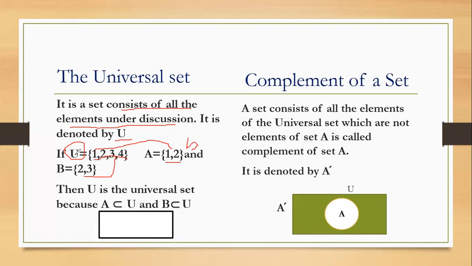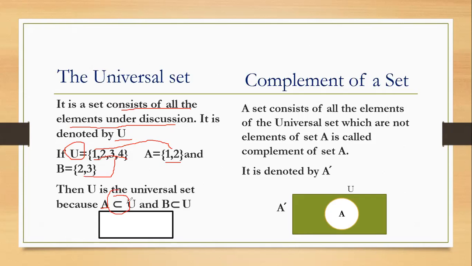But in this condition, A is a subset of universal set. So I can denote like this: A is a subset. Which kind of subset? Proper subset. A is a proper subset of universal set and B is a proper subset of universal set. Okay. Proper subsets, we have to denote.